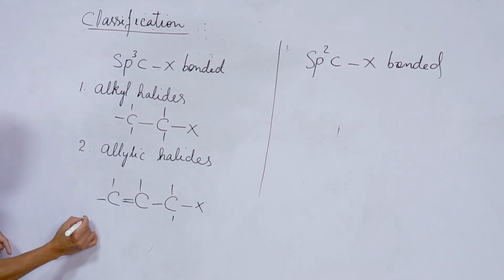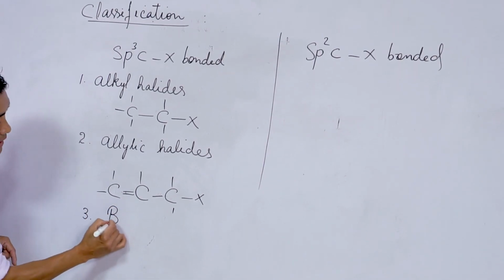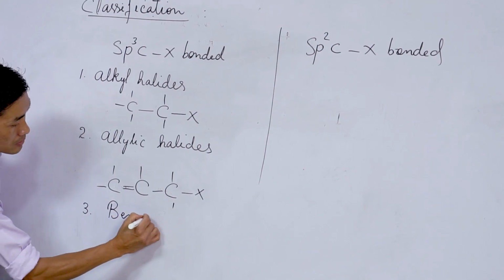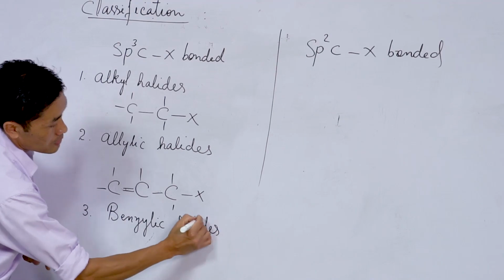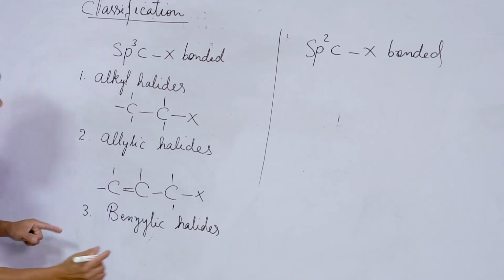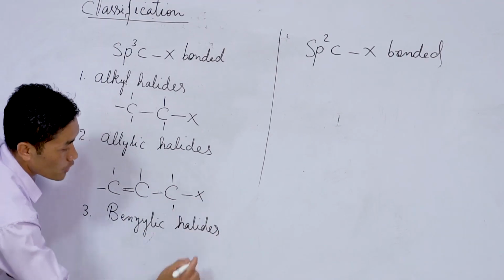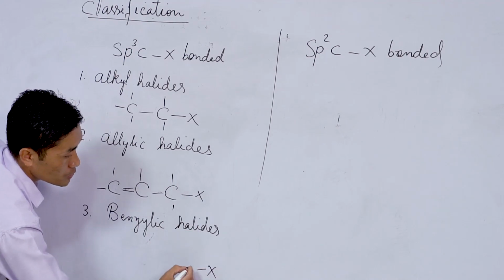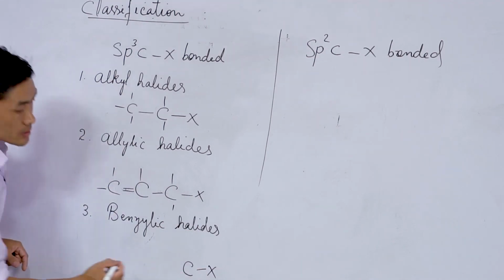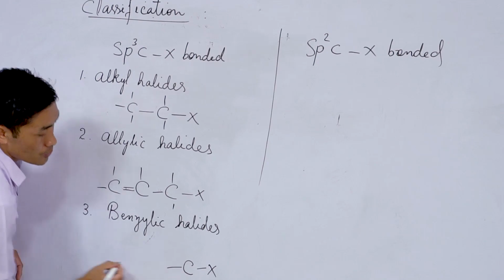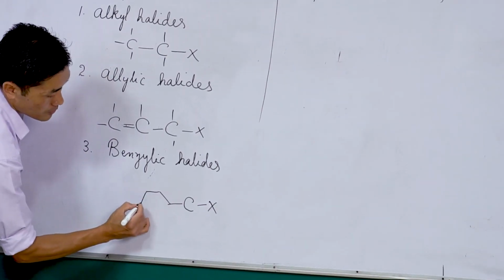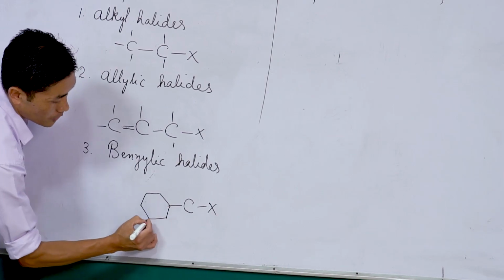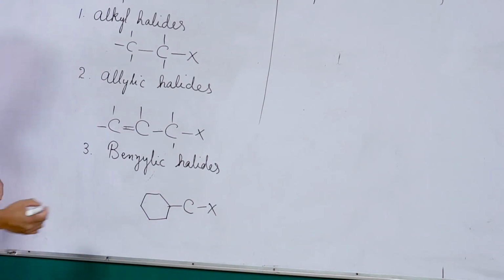And the third type, we have benzylic halides. In this, the halogen atom is bonded to a carbon atom which is again bonded to an aromatic ring. It may be the benzene ring or any aromatic ring.